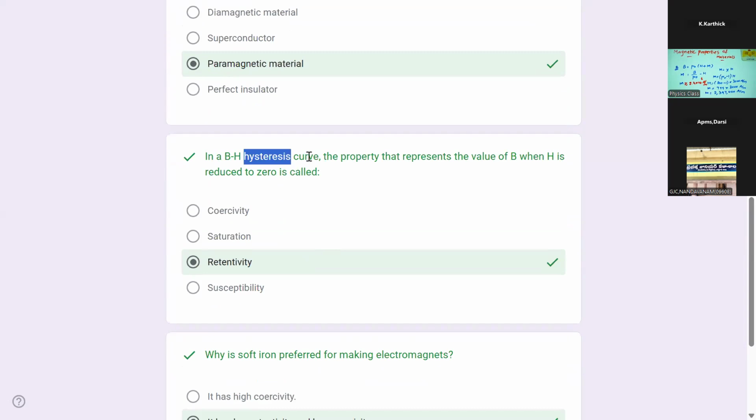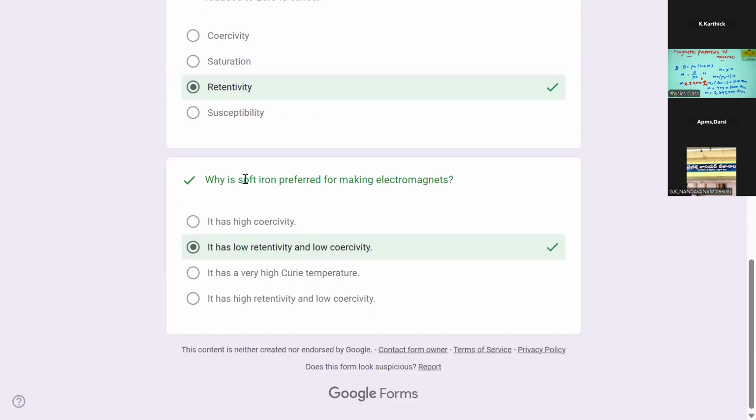In the B-H curve, when H is reduced to 0, the value of B is known as retentivity. And the final one: soft iron has low retentivity and low coercivity, that's why soft iron is preferred for making electromagnets. Option B is the correct answer.